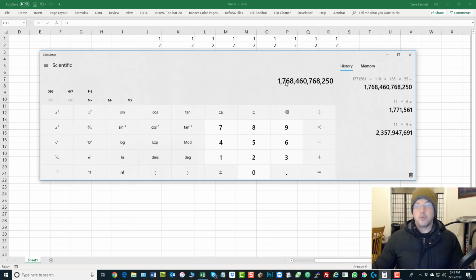We're talking about like 1.8 trillion possibilities here. Millions, billions, yeah, trillions, 1.8 trillion possibilities. 1.8 trillion web pages where at least one thing changes.